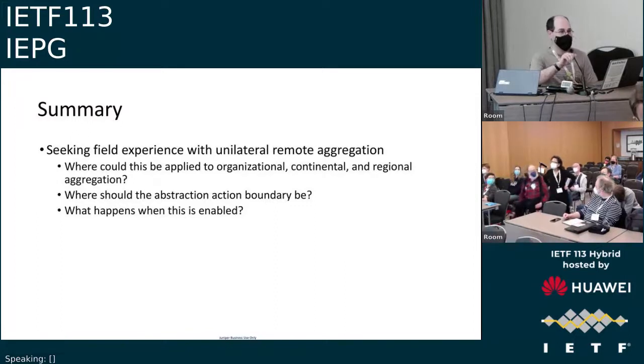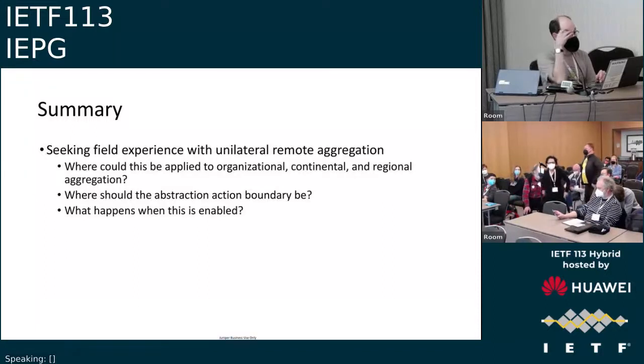Hi, Nalini Elkins, Insight Products. Just one anecdotal data point from somebody I'm working with: a large organization in the United States that has a global presence, with people all over the world.